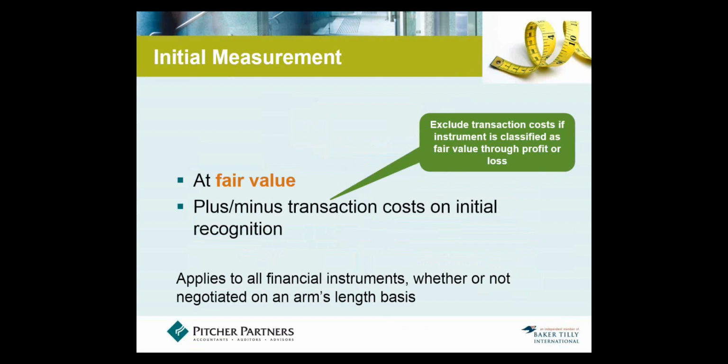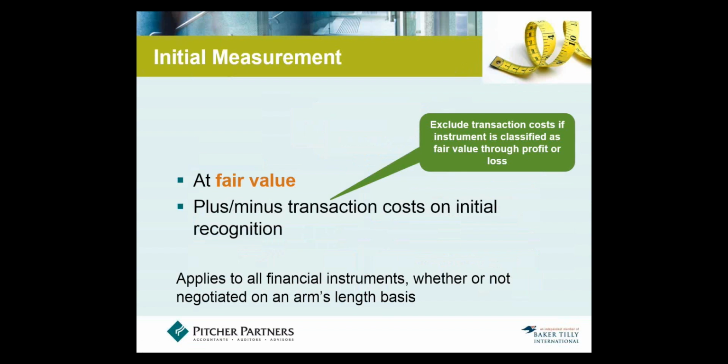And that's a general principle, but in the standard there's always a general principle and then there's an exception. The exception is we would always exclude transaction costs if the financial instrument is classified as fair value through profit or loss. So if you've got a financial asset in the category fair value through profit and loss, on initial recognition, transaction cost has to be expensed. End of story.